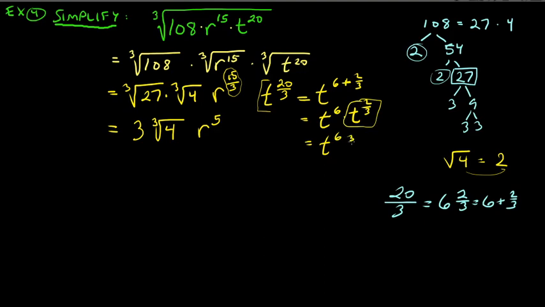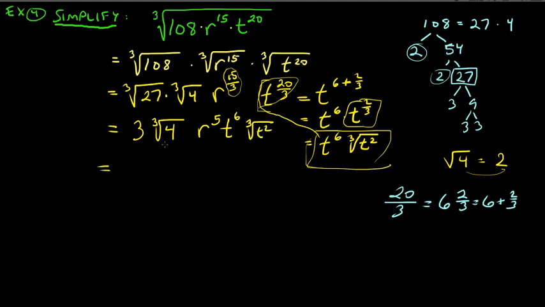This is going to be the cube root of t squared. So all of this stuff here is this t to the 20 over 3. Okay, so we get t to the power 6, and then times the cube root of t squared.